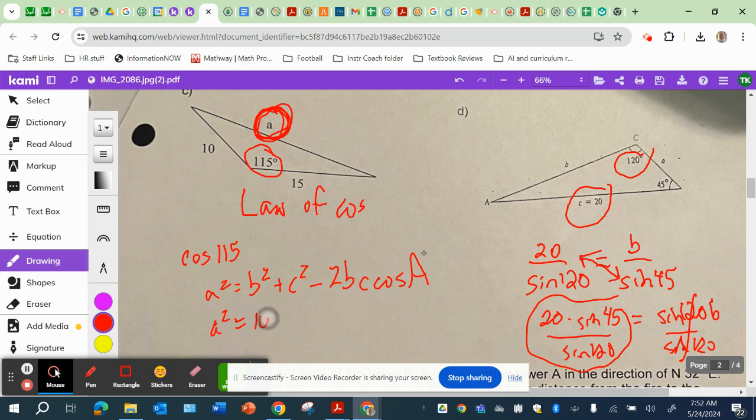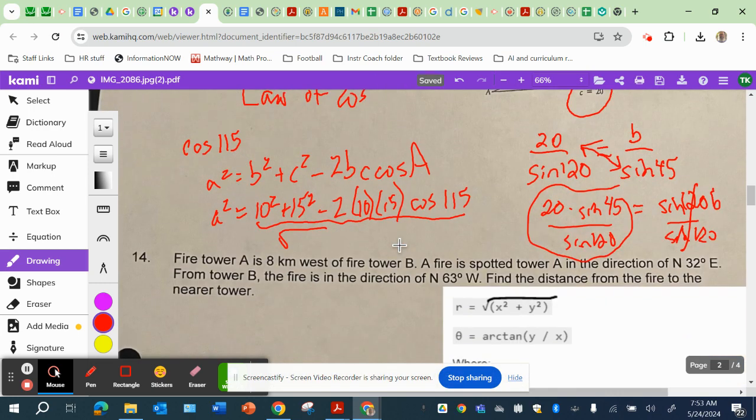So it's the two sides squared. Then you simplify that mess, put it all in your calculator, and take the square root of it, and that will get you the answer. So if there's not a right angle, you can't use SOHCAHTOA.